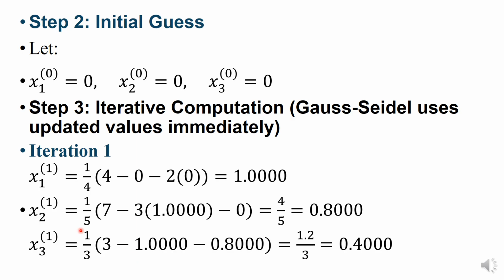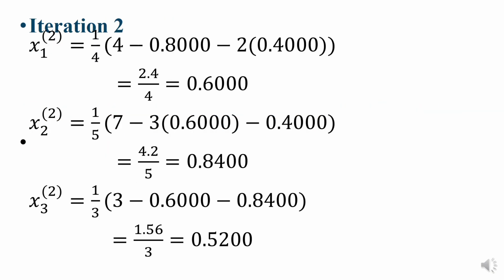Now you can see here x1 is this, x2 is 0.80 and x3 equals 0.40. Now we put these values in equation 2.